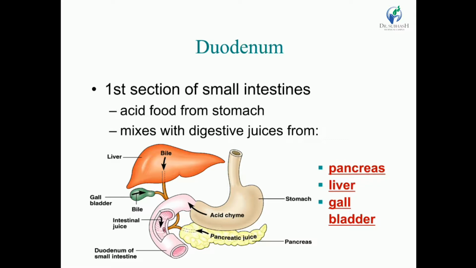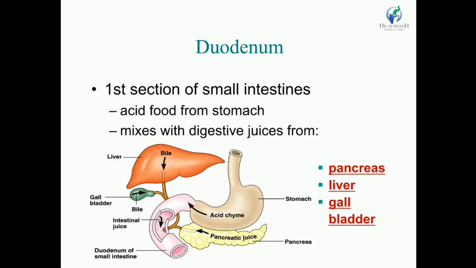So it is the first portion, and as we can see in the diagram, it is a C-shaped tube, right? It is a C-shaped tube with a descending part of the duodenum which contains the opening of the pancreatic juice, and they may have a common bile duct.